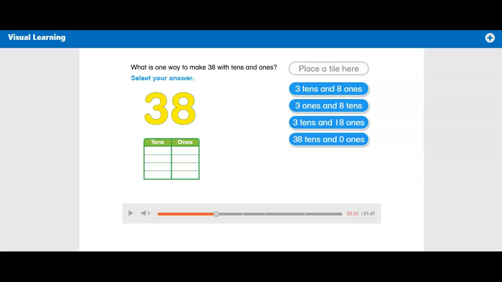One way to make 38 with tens and ones. First, let's look at the number in the tens place. We have 3 tens, and how many numbers are in the ones place? 8 ones. 3 tens and 8 ones is one way to make the number 38.